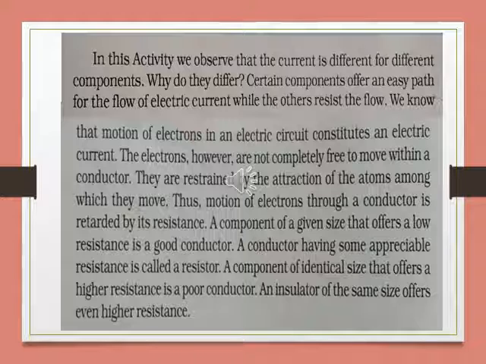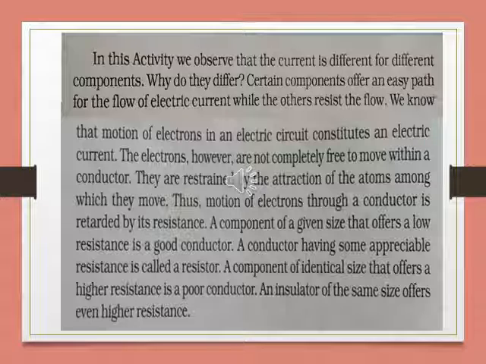We have seen the different types of colors on the resistors. A small component, but its capacity to resist the electric current is different. In the previous session already we have seen, dear students, a component of identical size that offers a high resistance is a poor conductor. High resistance means low current, so it is a poor conductor of electricity.